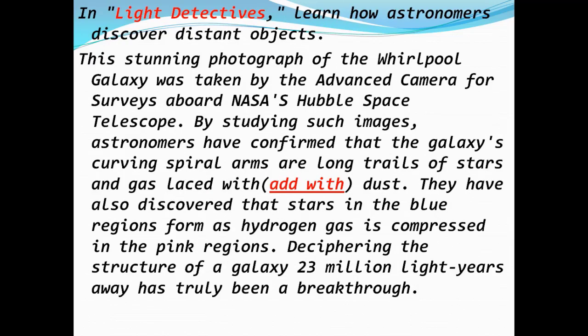In The Light Detectives, learn how astronomers discover distant objects. This stunning photograph, this amazing and beautiful photograph of the Whirlpool Galaxy, was taken by the Advanced Camera for Surveys aboard NASA's Hubble Space Telescope.